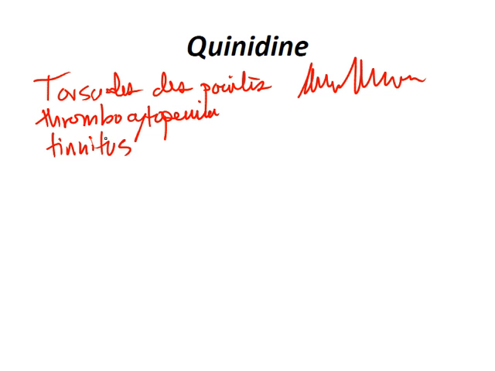Quinidine is not a good thing. You can also have cinchonism with quinidine, where you're ringing in your ears. It's a cytochrome P450 inhibitor. It has anti-muscarinic activity, and it can also cause drug-induced lupus.